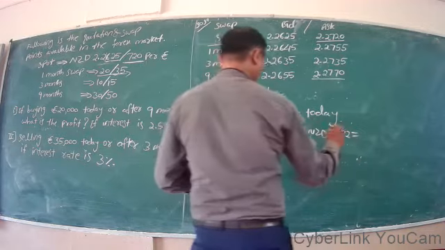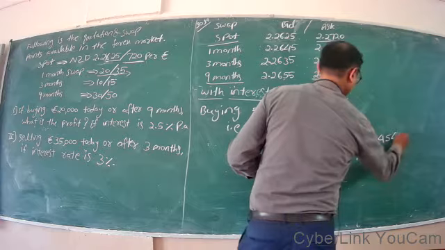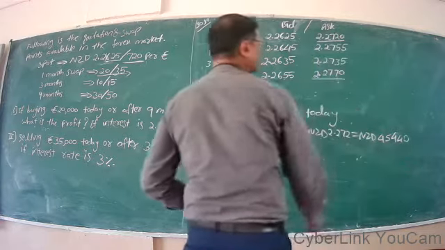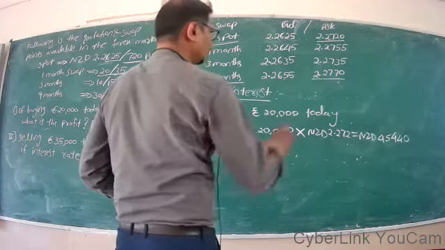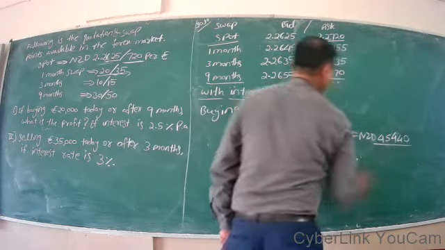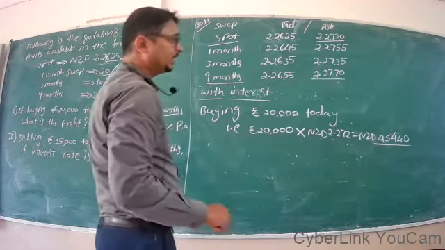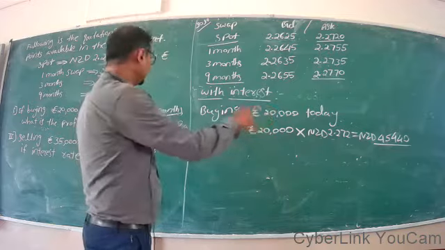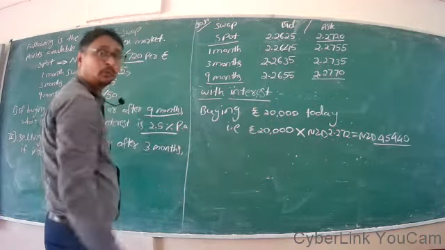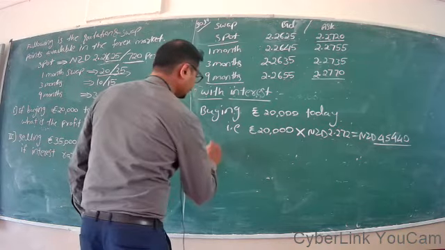You need 45,440 New Zealand dollars. That's what we solved in the earlier case without interest also. Now, the same money, if you borrow for 9 months, because you have to pay after 9 months, right? So if you are paying after 9 months, you are borrowing it today at the interest rate of 2.5%.